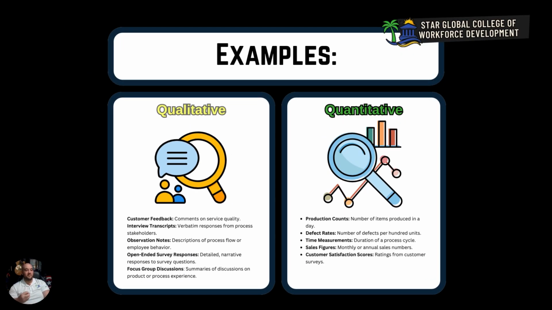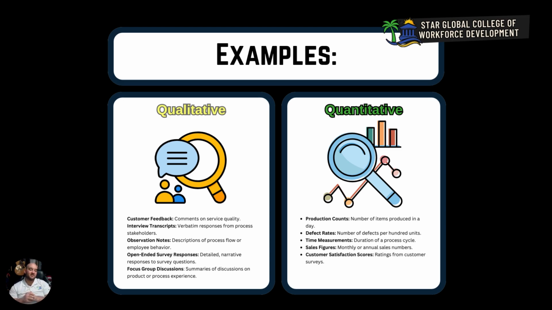Now, some examples I have: qualitative is on the left: customer feedback, interview transcripts, observation notes, open-ended survey responses, focus group questions. I think the biggest ones are focus group and customer feedback, right? Getting that feedback from the customer is so crucial to improving and evolving our process.